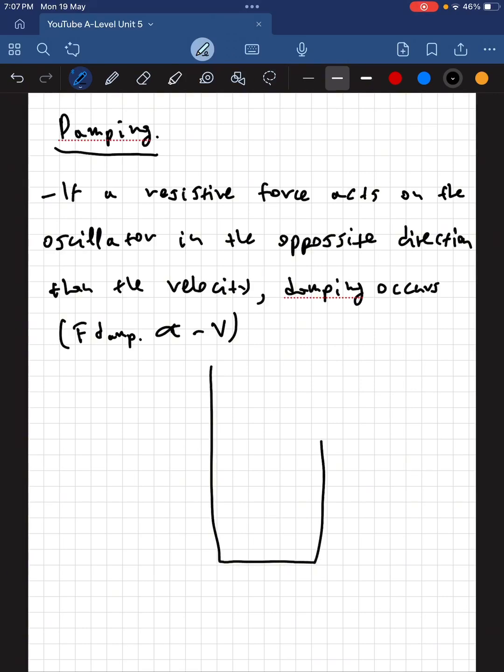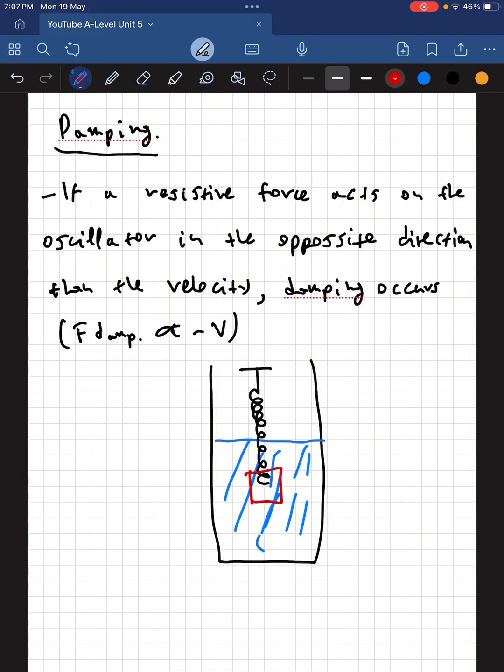And to demonstrate, imagine that we have a cup of water. Actually, let's make this blue. Okay, so maybe we have some fluid, and maybe we have a spring, and maybe at the end of that spring there is a mass. Okay, that maybe it moves down. So that's the velocity down.